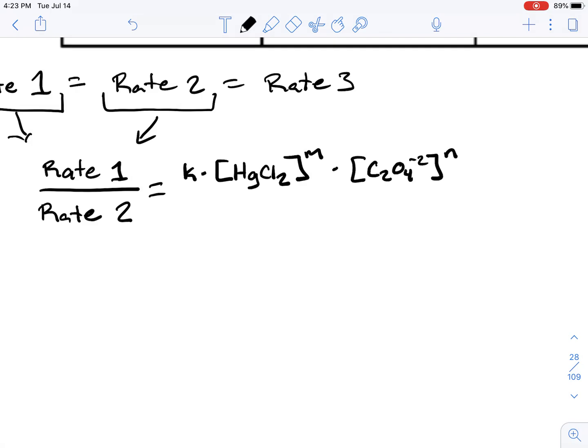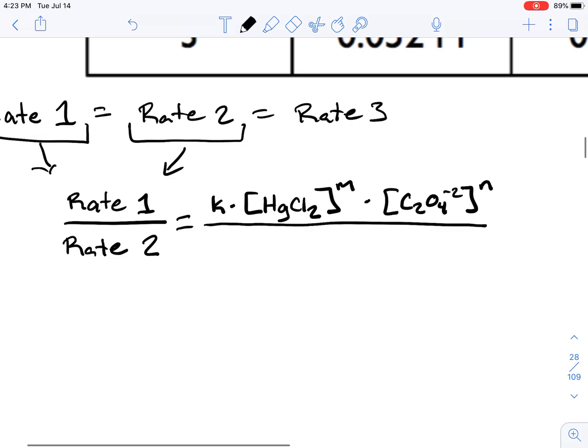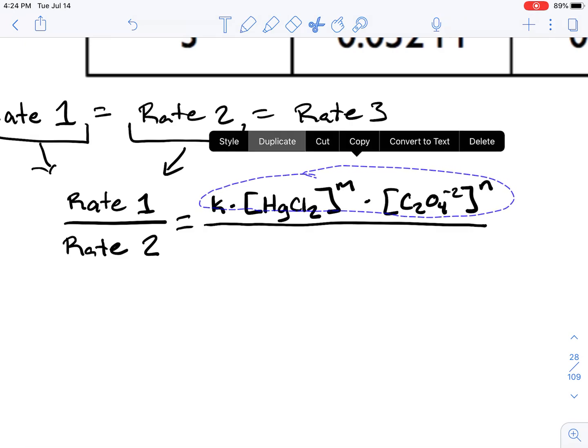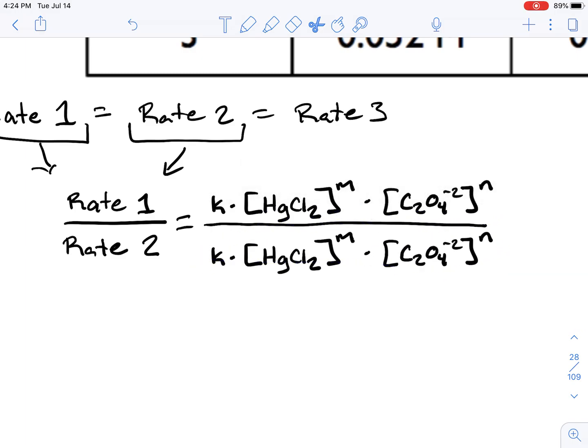Okay. And so this is the rate law for trial 1. And this is actually the same rate law for trial 2, right? So remember, what we're trying to do is determine the rate law.